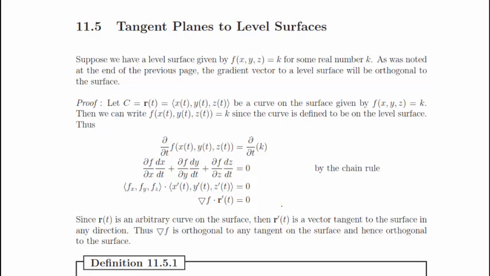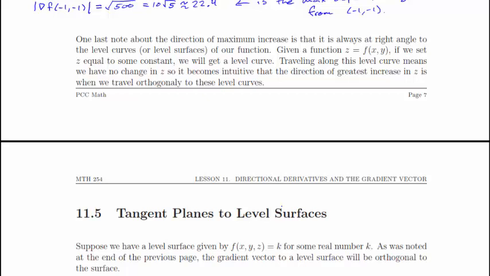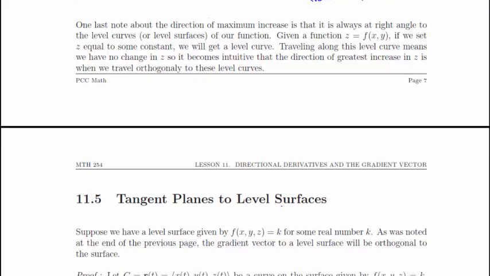As we noted at the end of the previous page, the gradient vector to a level surface will be orthogonal to the surface. Well, what I was saying on the previous page was that the gradient vector to a level curve will be orthogonal to the curve, right? The gradient vector gives me the direction of maximal increase, so that has to be at 90 degrees to the level curve where we're not changing elevation at all.